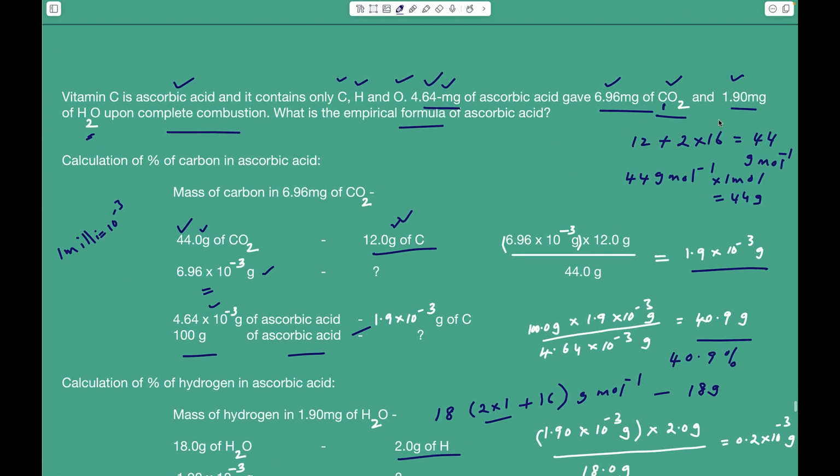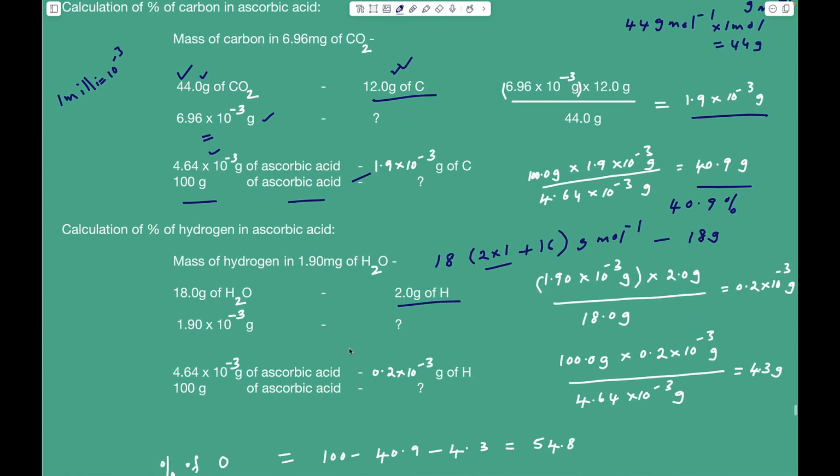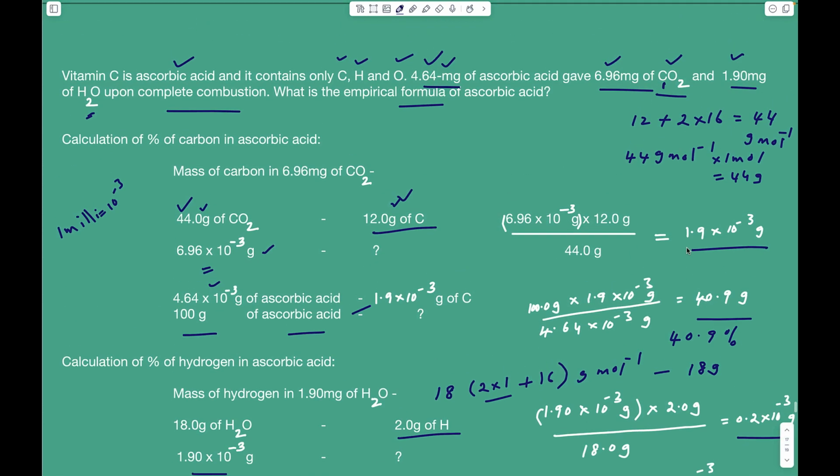Then how much water vapor did we get here? 1.90 milligrams. So how much hydrogen is present in this much of water vapor? Again, you know how to solve this. And upon simplification, you will get it to be 0.2 into 10 to the power of minus 3 grams. Again, all this hydrogen has come from 4.64 milligrams of ascorbic acid.